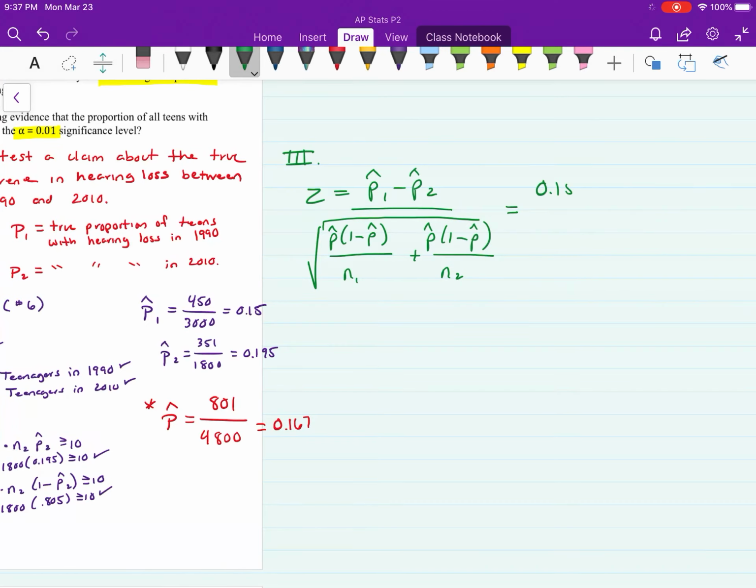All right, so p hat 1, p hat 2, and now the regular p hat, which is 0.167. And then 1 minus that, which is 0.833.